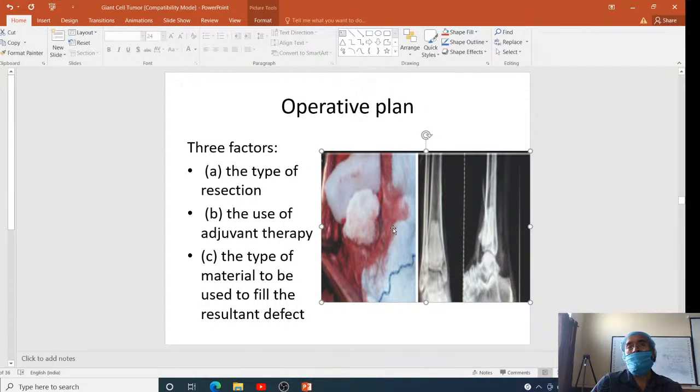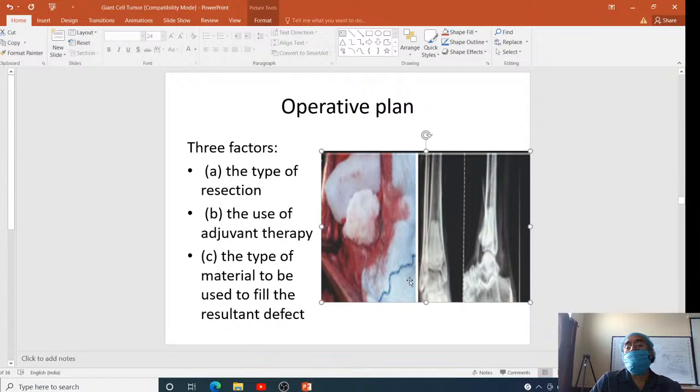Nowadays we are combining radiotherapy with chemotherapy and surgery. So we are offering a basket of goodies, so to say. It's not only radiotherapy now, or only chemo, or surgery. It's a combination of these things. That's called adjuvant therapy.